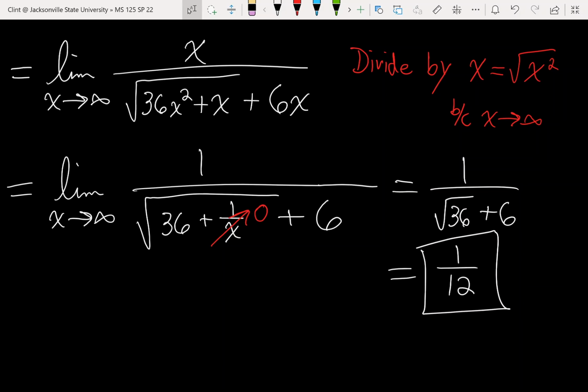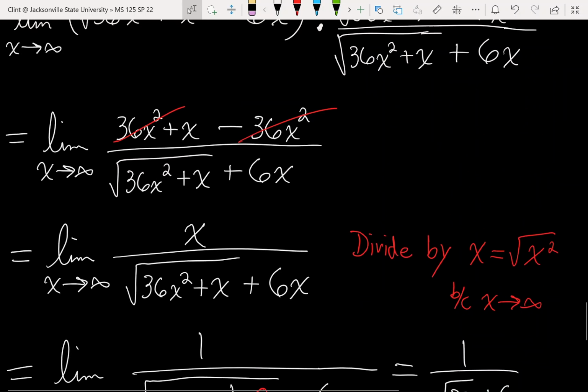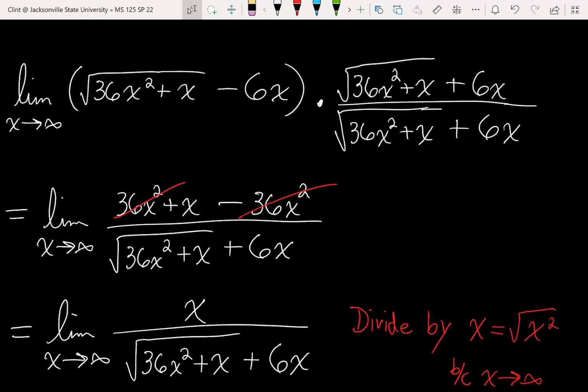Make sure there's nothing else tricky in here. So just keep that rationalizing trick in the back of your mind. It comes up from time to time. What was the other thing we used that on? We had one where we couldn't do direct substitution, so we rationalized, I think.